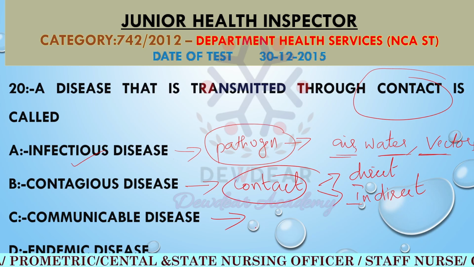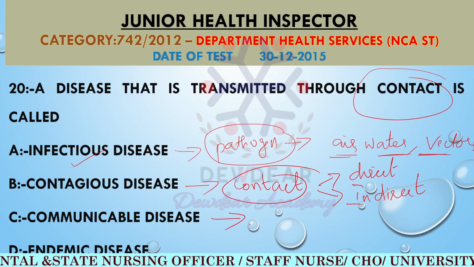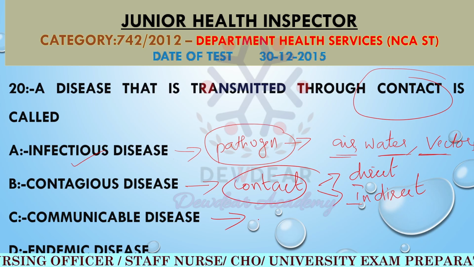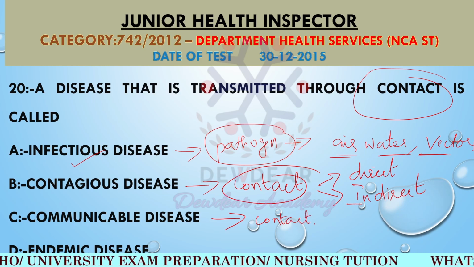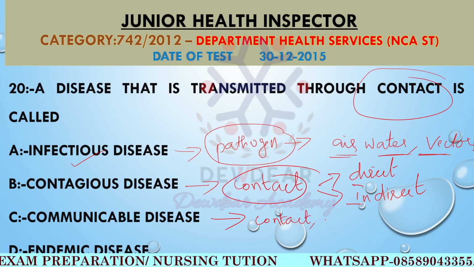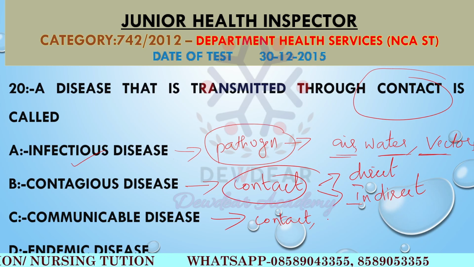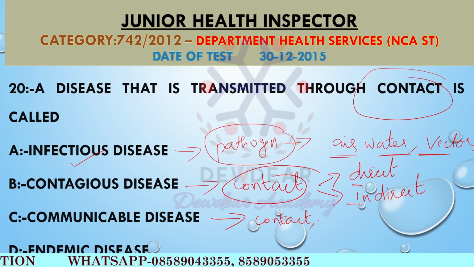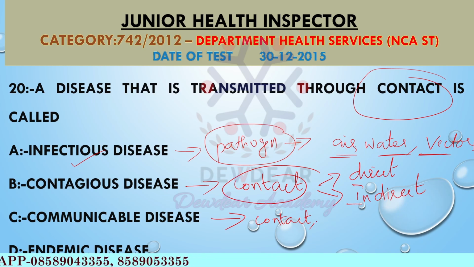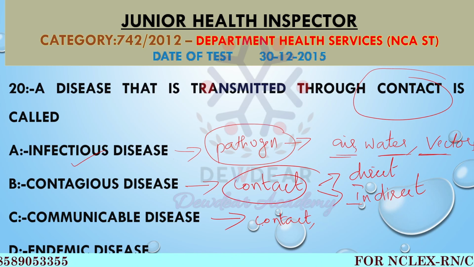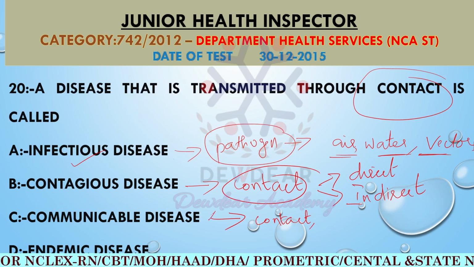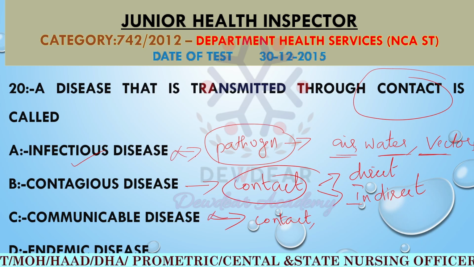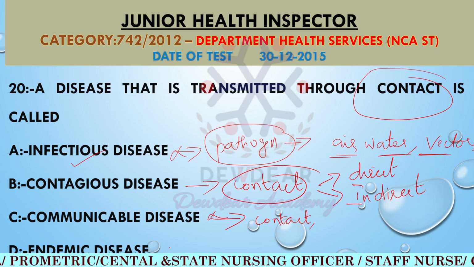Some of the communicable diseases are transmitted through contact, but some are through other mechanisms like water or vector-borne factors. So we cannot specifically say communicable diseases are always through contact. So infectious disease is not correct and communicable disease is also not correct.